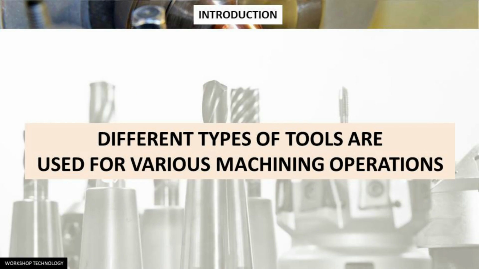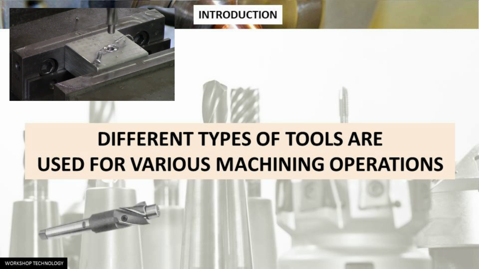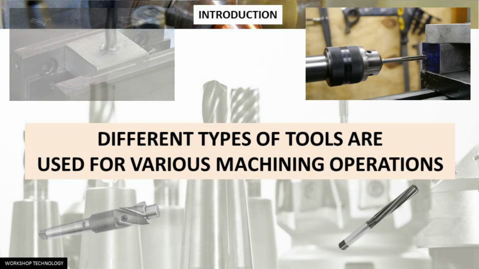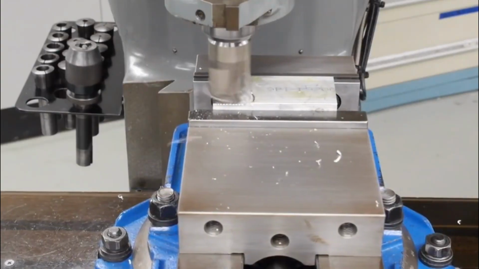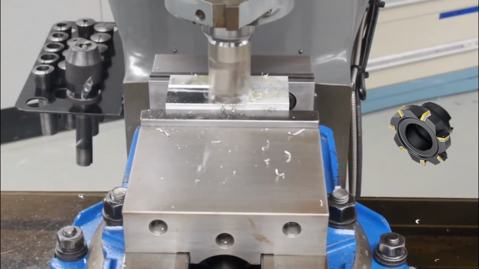Different types of tools are used for various machining operations. Like for counterboring, which is a drilling process, a counterbore tool is used. For reaming, a reamer tool is used. For milling purposes, a milling cutter is used.